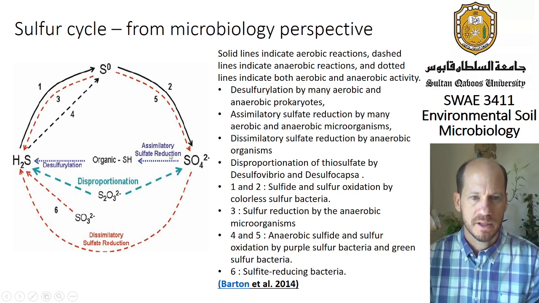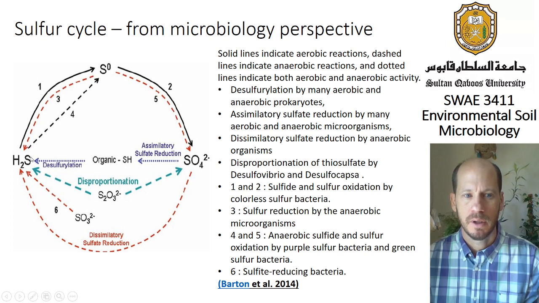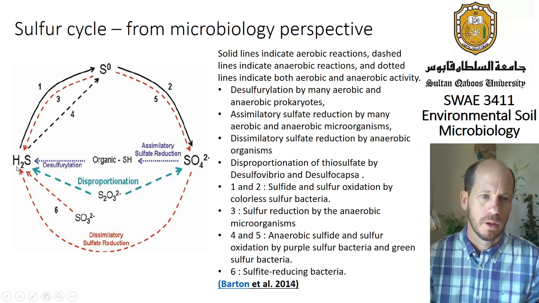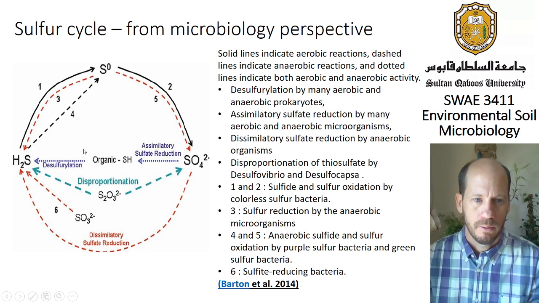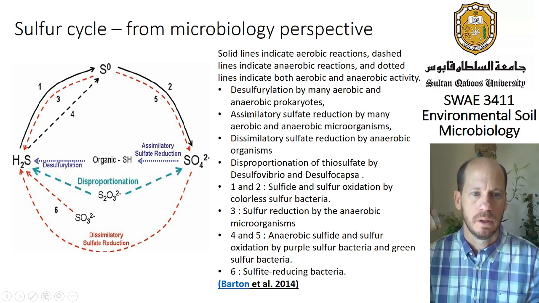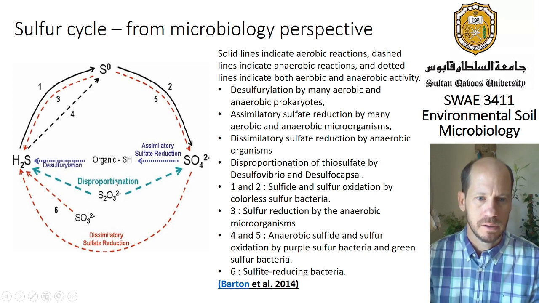So here in the middle you have assimilatory sulfate reduction when you incorporate the sulfate into the organic matter, and this organic matter can be completely reduced to hydrogen sulfide as part of anaerobic respiration or other processes. This is assimilatory because it renders organic matter. It's using the sulfate to build amino acids mainly in these living beings.